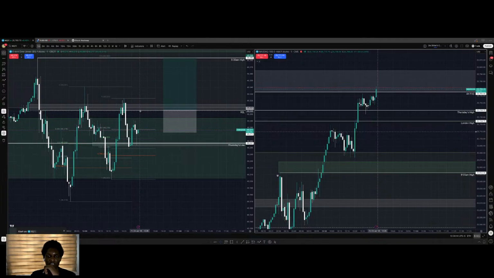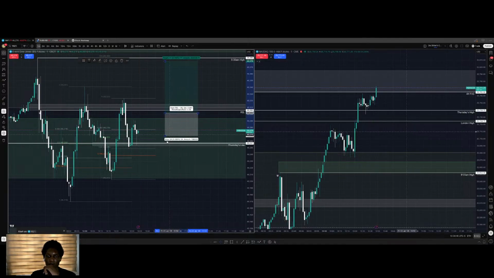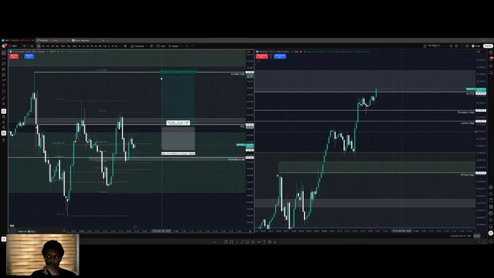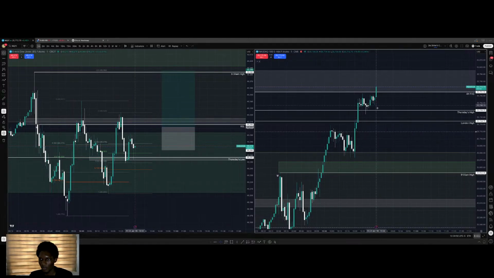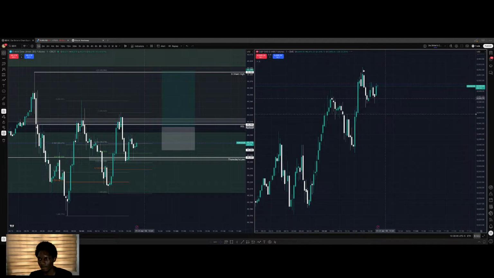Want to see if it closes here. Well, you can see it's not strong. It's not strong enough. Because I mean, look at NQ. Right, look at where NQ is. ES is never moving, and now we have SMTs at the high.